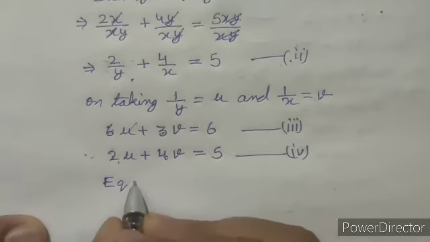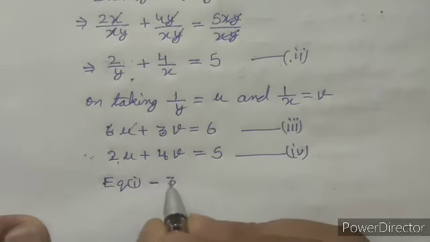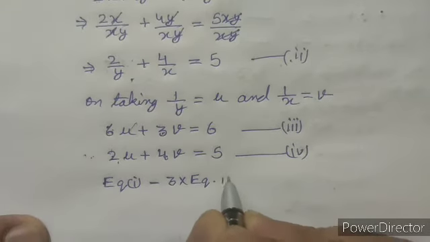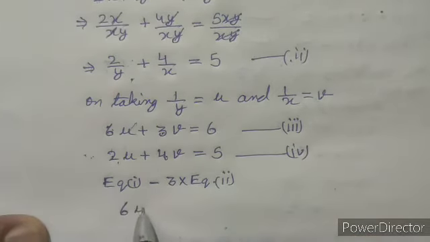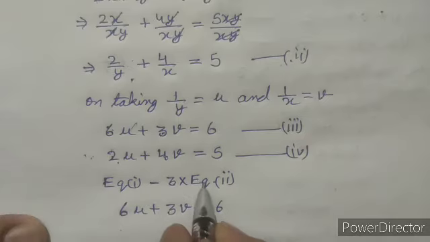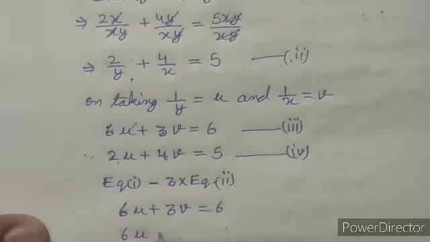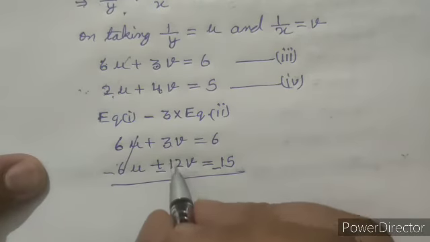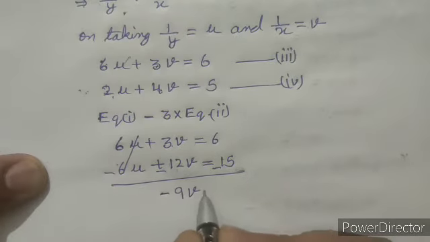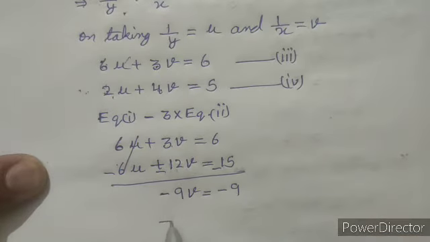Equation first minus 3 into equation second will give us 6u plus 3v equal to 6 minus 3 into equation second. 3 into 2 will be 6u, 3 into 4 will be 12v, and 3 into 5 will be 15. Now on subtracting, 6u will cancel out and 3v minus 12v will be minus 9v, and that equal to minus 9, and that will give us v equal to 1.